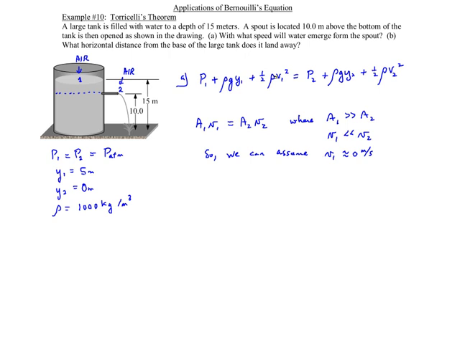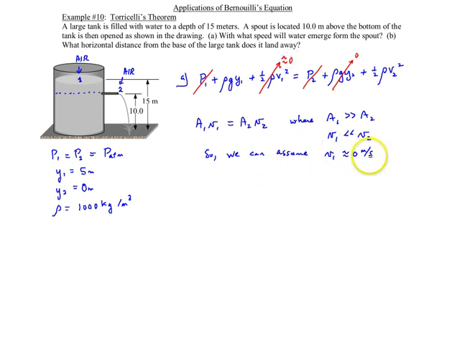So now let's see what happens to our Bernoulli's equation. We have pressure 1 and pressure 2 canceling out because the differential pressure is 0. We have y2 set to 0, so that term disappears. And velocity 1 is approximately equal to 0.